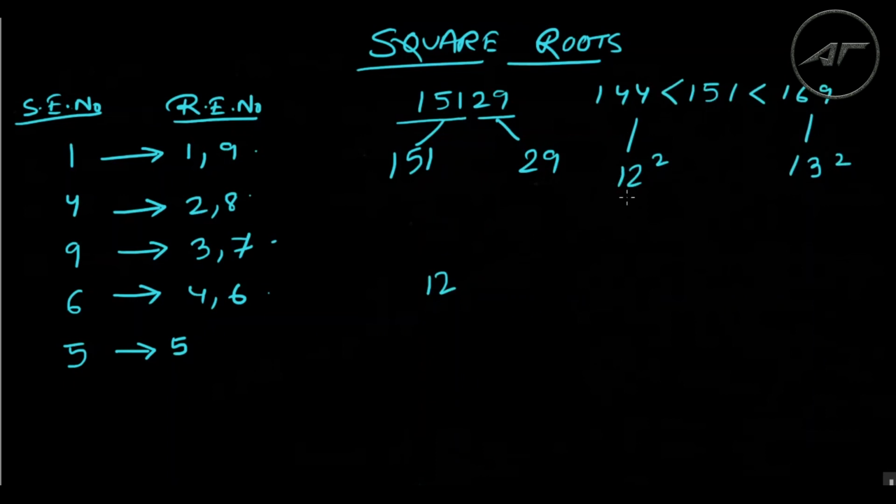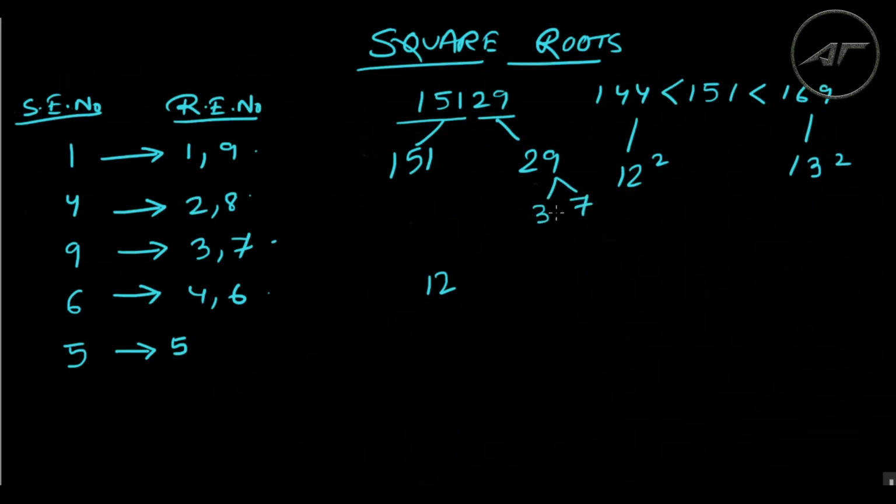As we used to take the least number, here also we are again taking the least number, that is 12. Now to find the rest of the root, we'll have to consider this digit. Here it is 9, so 9 can have a root with two possibilities, that is either 3 or 7.